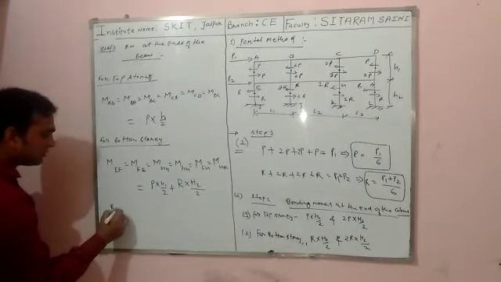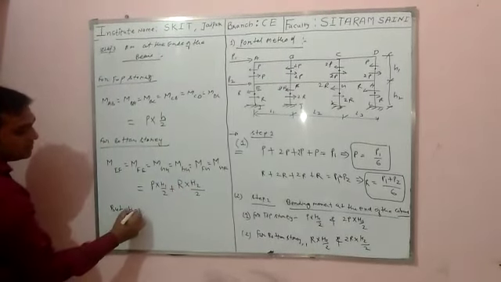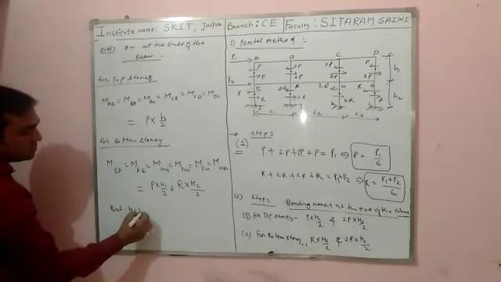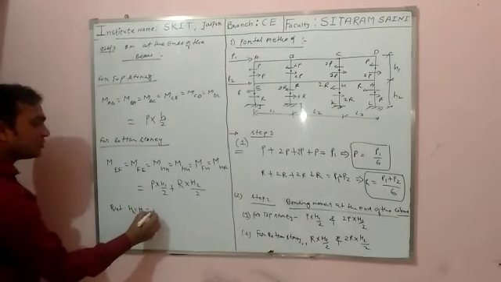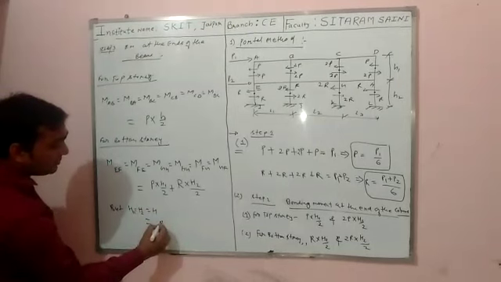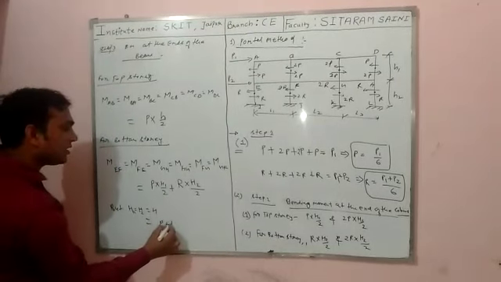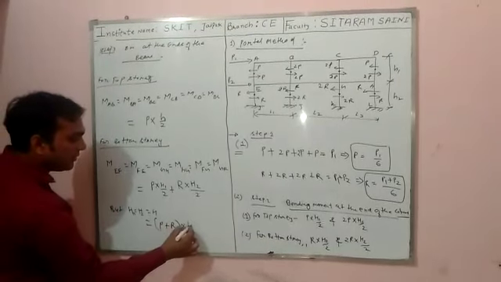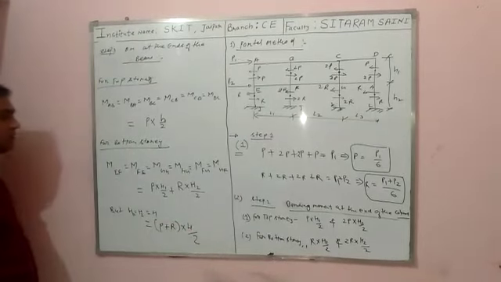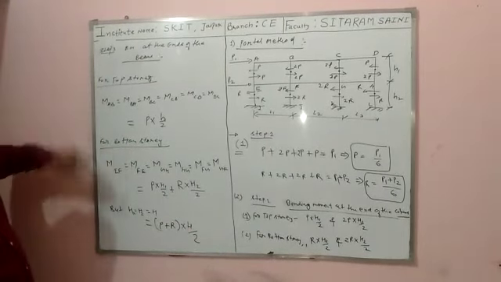But if H1 is equal to H2 is equal to H, then we can say (P plus R) into H by 2. Now step number 3 is finished.